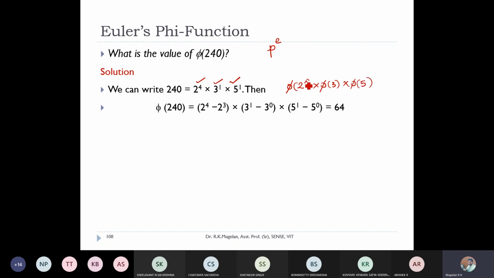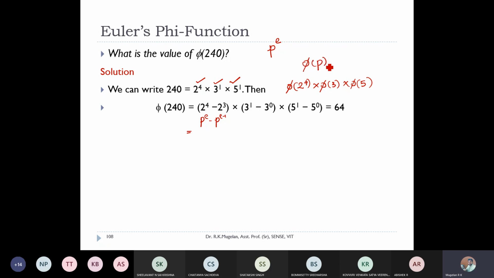So this is nothing but p power e, which I can write as p power e minus p power e minus 1. So this 2 power 4 minus 2 power 3 will be multiplied with the rest. Here you can either apply your fourth property directly, like p power e, or you can go with phi of p also.